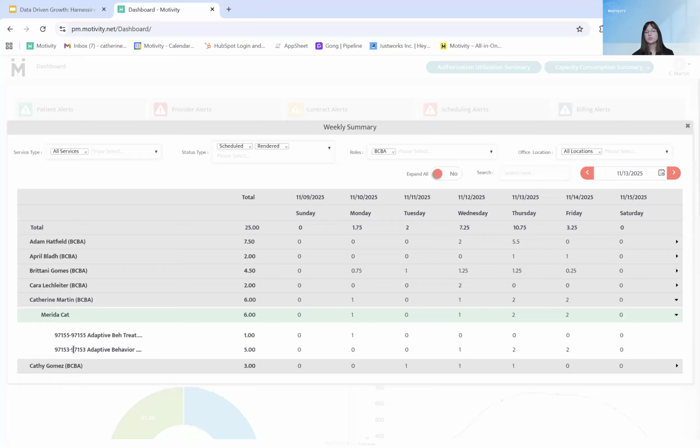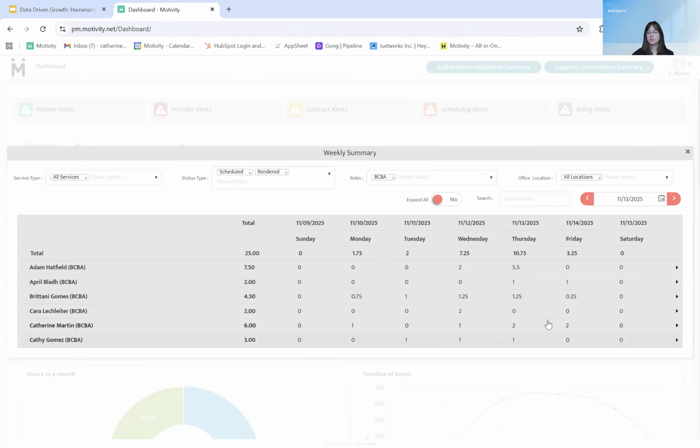And again, I can see what services, so 5-3 compared to 5-5. We've only billed an hour of 5-5 and we've billed 5 hours of 5-3. Do you want your BCBAs providing that amount of direct care? Maybe it's a situation where the RBT is sick and so the BCBA is providing a little bit of coverage and makeup.